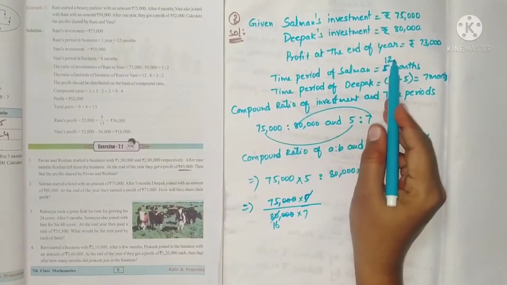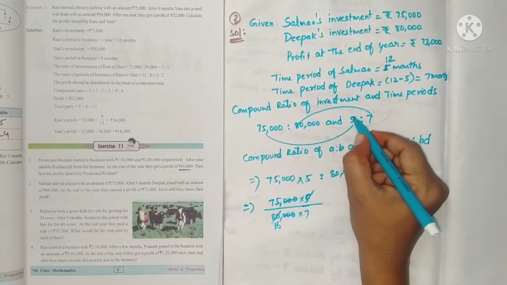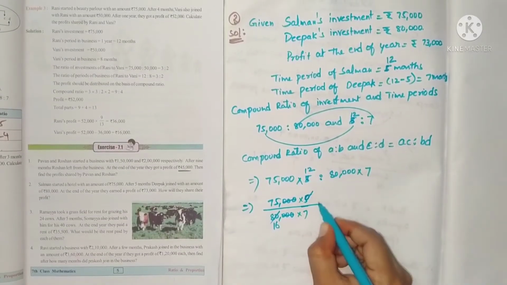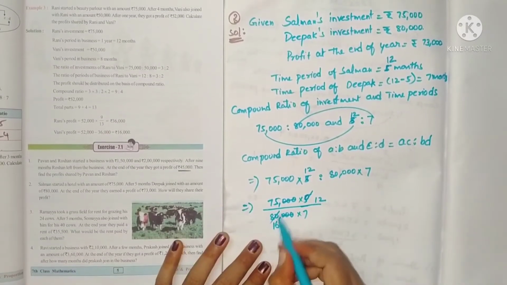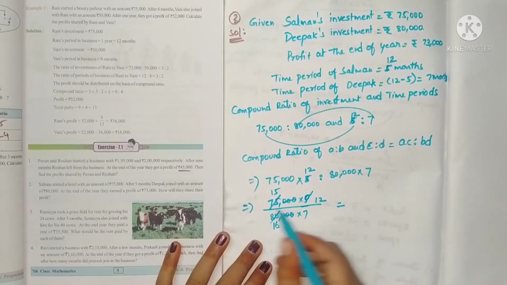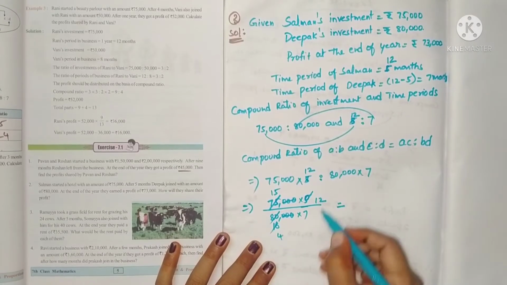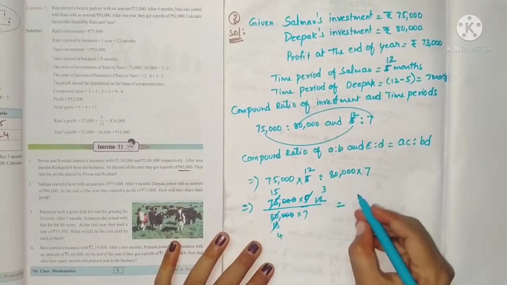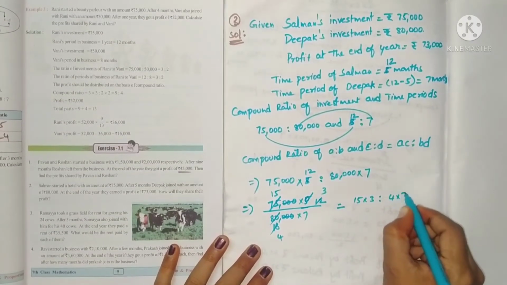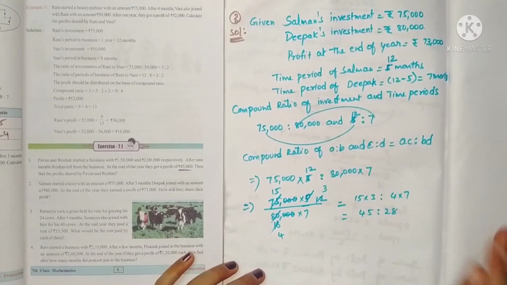Sorry, here time period of Salman is 12 months only. Deepak entered after 5 months, so it's 12 only. Okay, this is 12. Now 5 16s and 5 15s. So now 4 4s and 4 3s. So 15 into 3 is to 4 into 7. 15 3s are 45 is to 28.